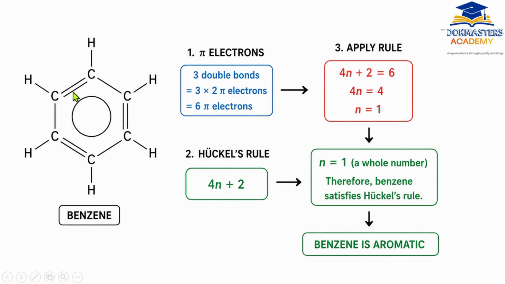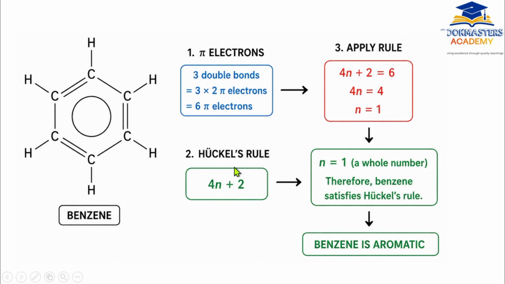Each double bond you find in benzene has 2 pi electrons, 1 sigma and 2 pi, but here we're focusing on the pi. So each double bond you have has 2 pi electrons. So this is 2, this is 2, and this is 2. So if you total it, it's going to be 6.